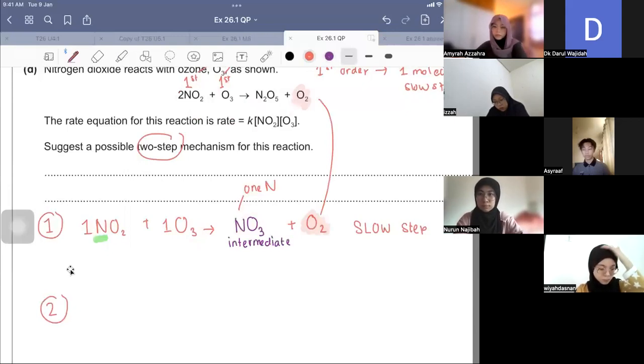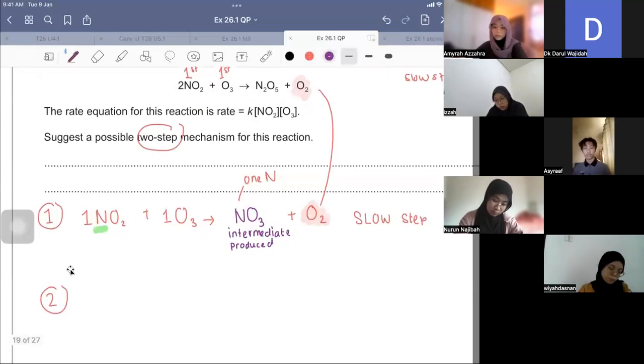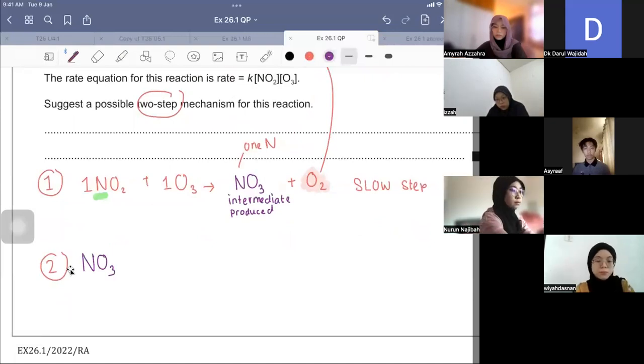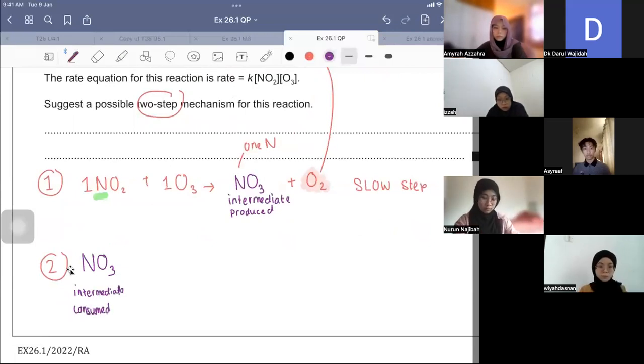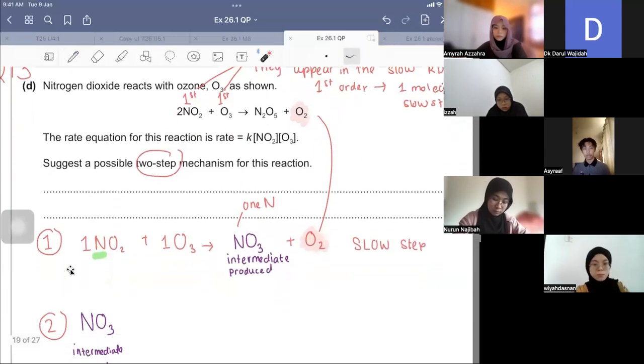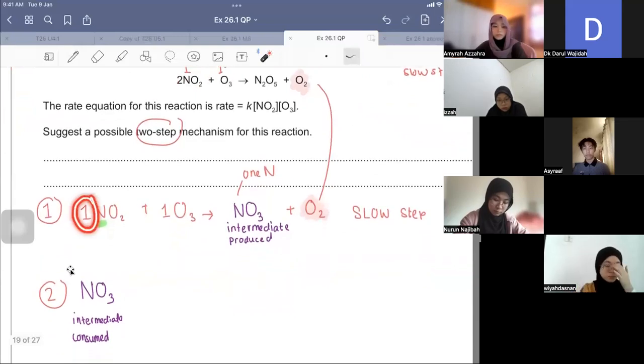Okay, that's step 1. Step 2, if you remember, intermediate produced would have to be later on consumed. Okay, not later on, like immediately consumed. So that means my NO3 will have to react. Okay, now you remember this nitrogen, there are 2 molecules, and so far I've only got 1 molecule in the slow step.